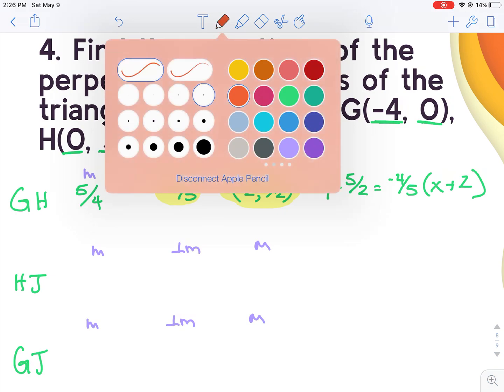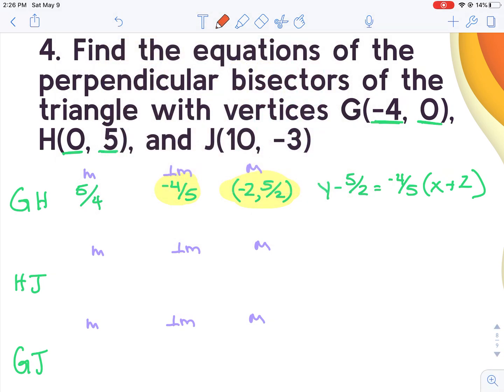Do the same thing for HJ. My slope is going down 8 and up 10. So I'm going to call that negative 4/5, which means my perpendicular slope will be positive 5/4.